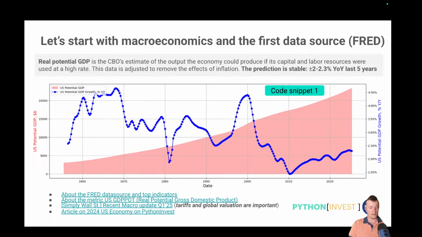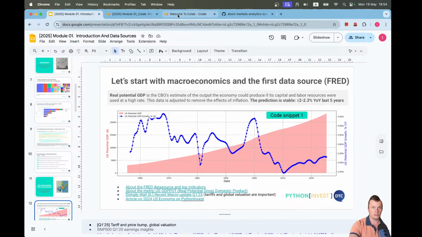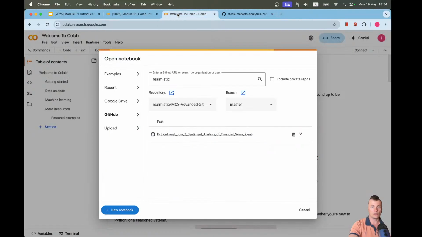So here we start from some macroeconomic indicators, and we will check how these indicators can be obtained with Python code, just with a few lines of code. So you can open the code.